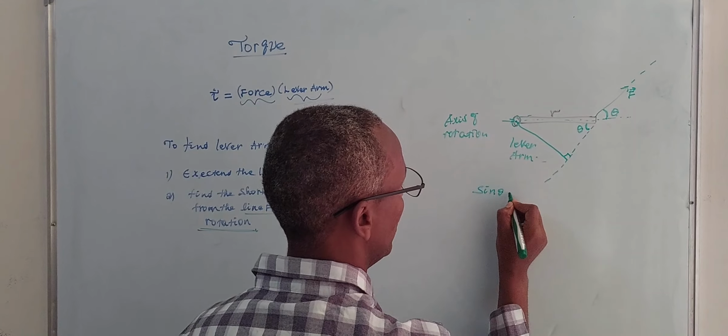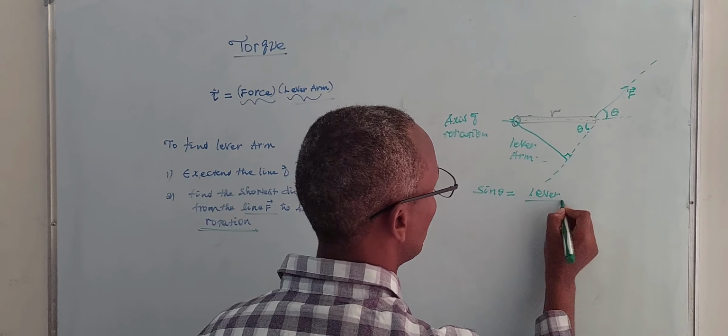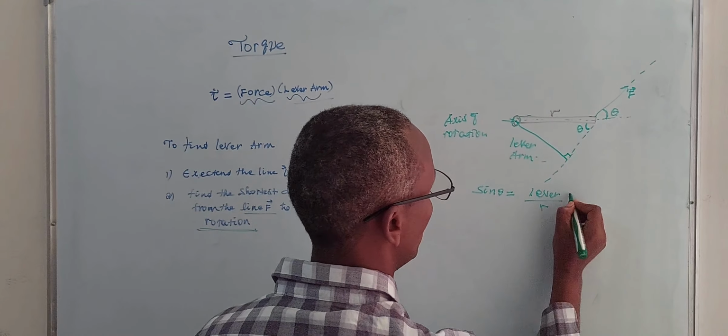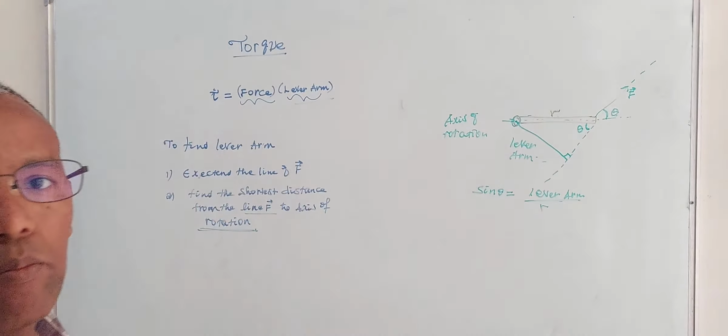So sine theta is equal to the lever arm over the position, okay?